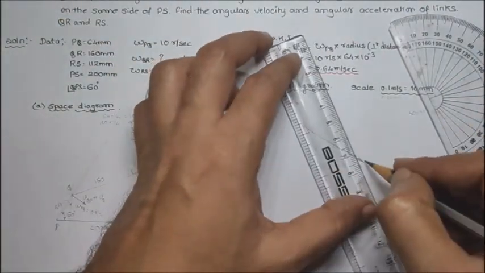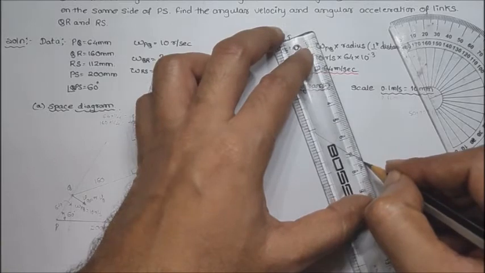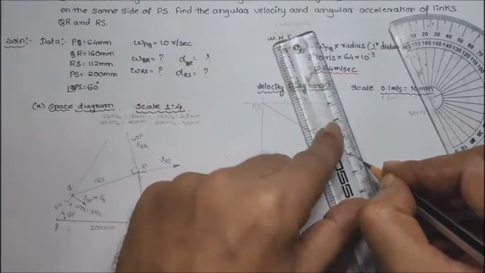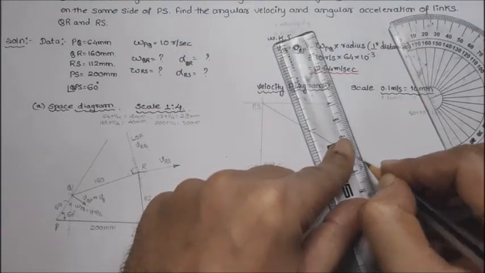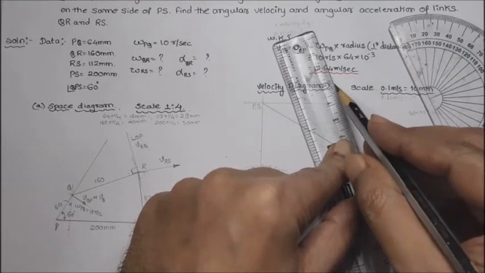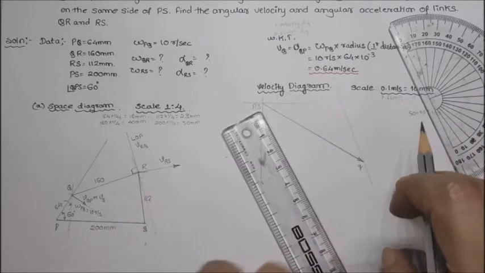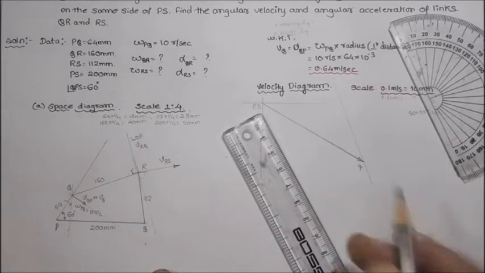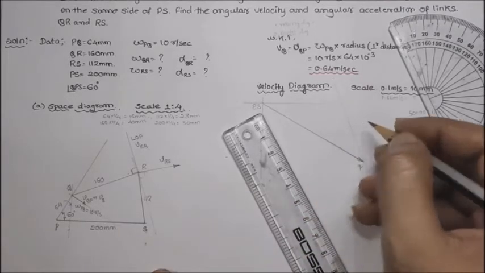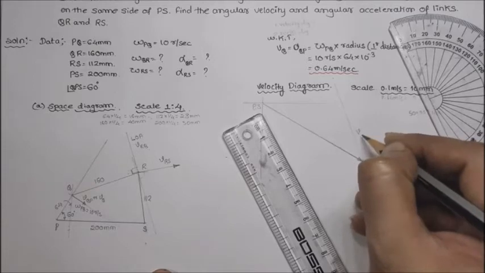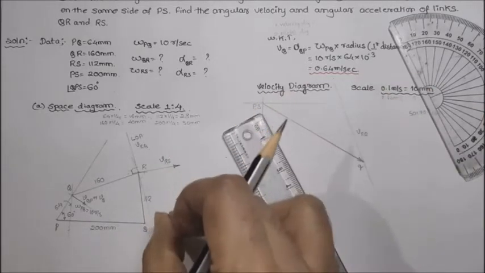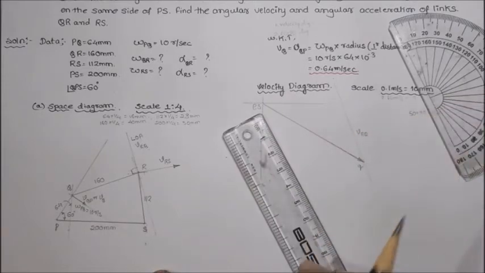So the direction of point here, it will be like this. So this will be the direction. This is velocity of r with respect to q, which is parallel to this line.